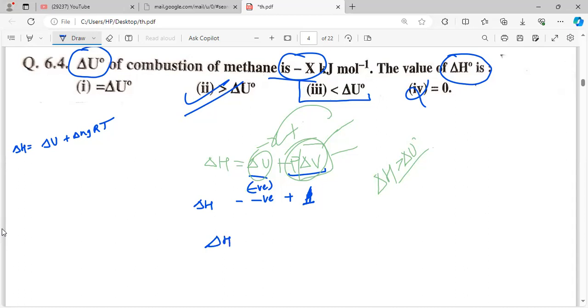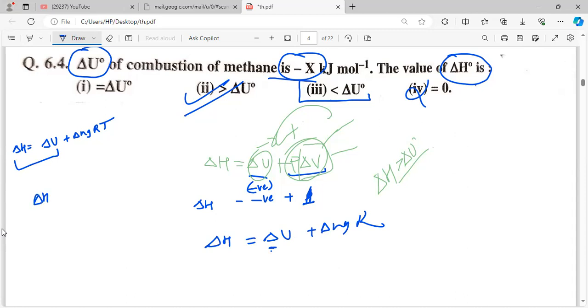Okay, this is correct. Delta H is equal to delta U plus delta n g RT, right? This term is a negative term, but this one will always be positive, no? Whatever the situation might be. In other terms, if we equate somehow, can we write some other enthalpy equation?